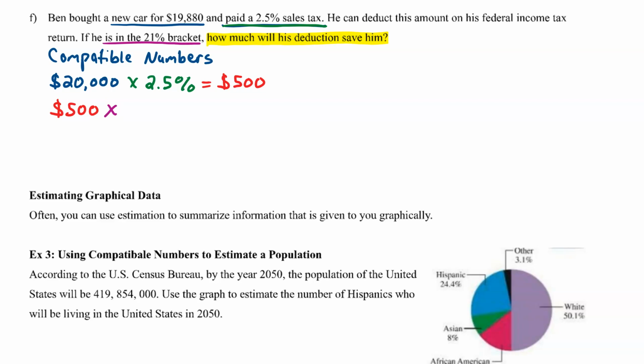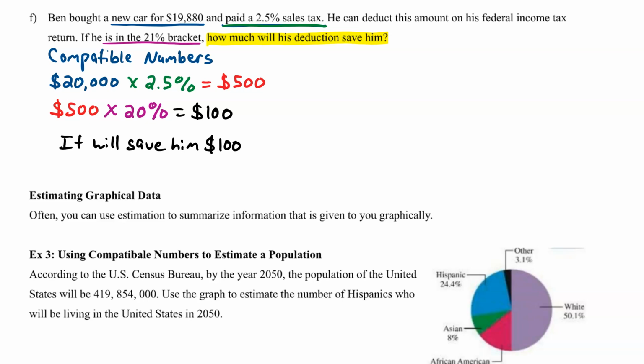That's about 20%. So we're going to multiply it by 20% to get a total of $100. So it will save him $100.